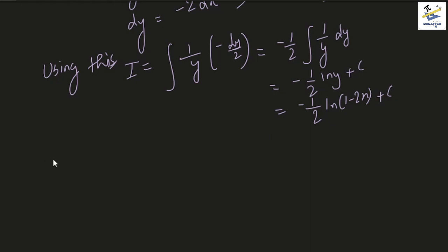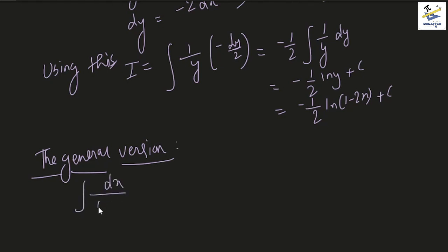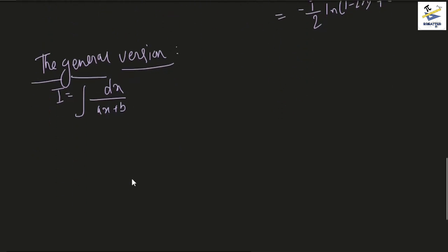So the general version for this type of integral is dx by ax plus b, and you can evaluate it. Let us name it as I. Substitute y equals ax plus b.